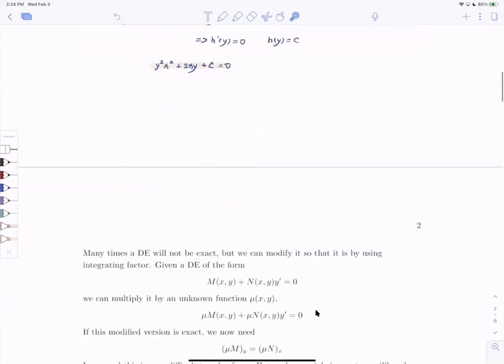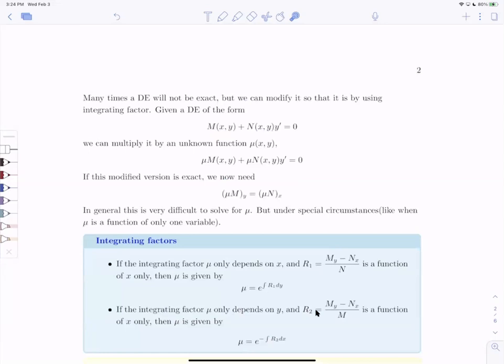Okay, if no question, here is the next part. Many times a differential equation will not be exact, but we can modify it using an integrating factor and make it an exact equation. So if we have something like this, we can multiply both sides by an unknown function mu of x, y.